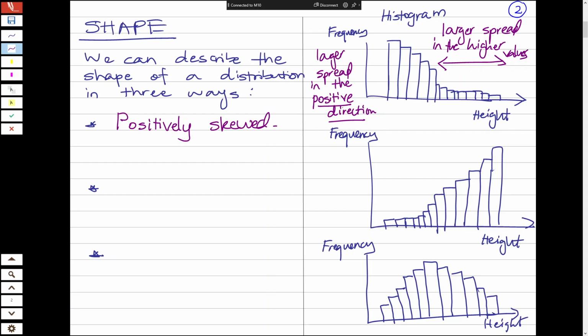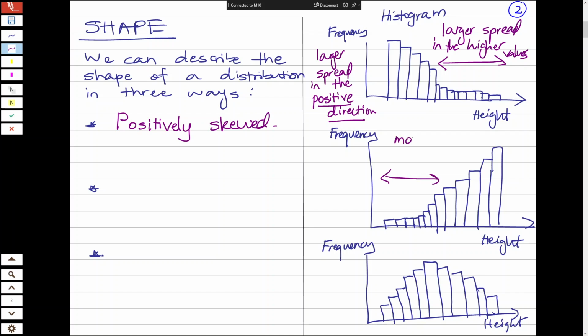So now let me go back to this question here. Is there a larger spread in height among the tall people or the short people? We are looking at the second one now. There's more tall people, but there's a larger spread among the short.